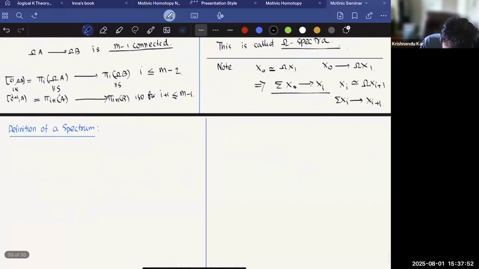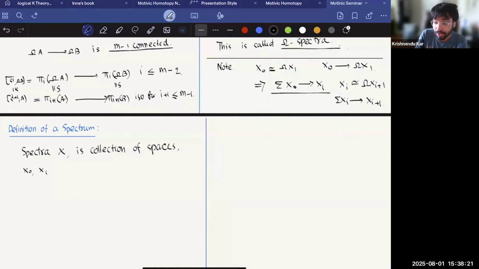So let's define it. A spectrum X is a collection of spaces. It's a topological spectrum. There are broader ways we can define spectra, but right now we are just talking about spectra of topological spaces. A collection of spaces, and they are connective spectra.